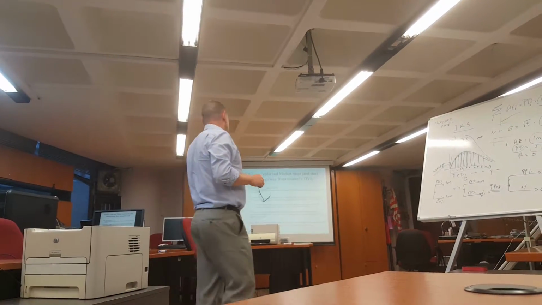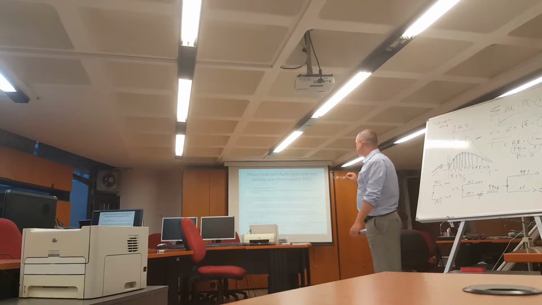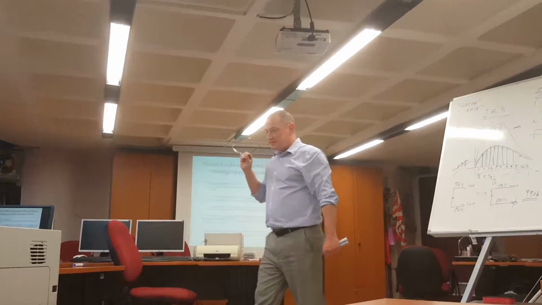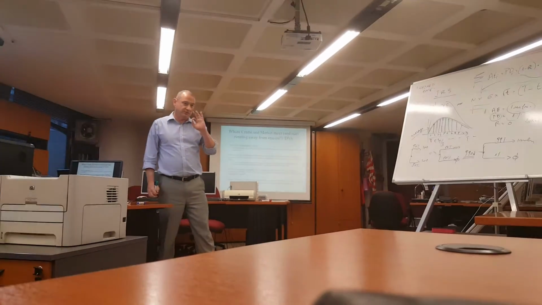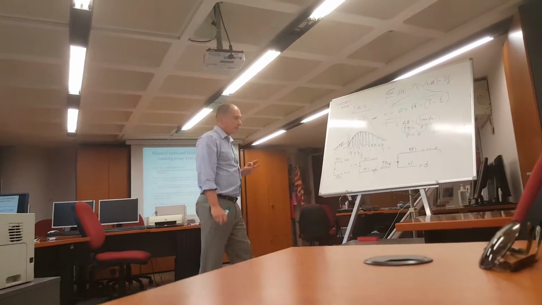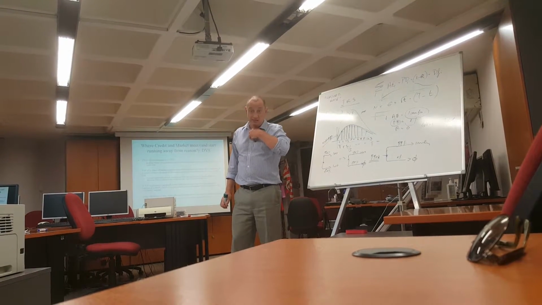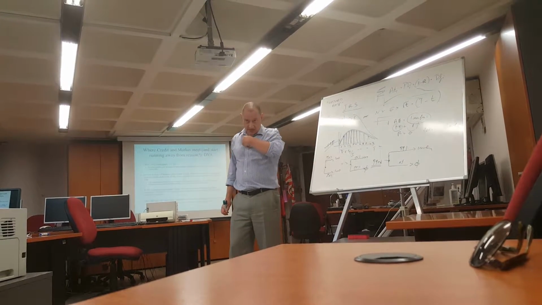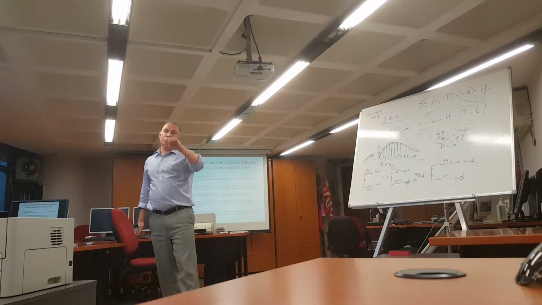Where credit and market meet and start running away from reason? Question mark. DVA. DVA are the initials for debt valuation adjustment. Debt valuation adjustment, for me, for the bank Yannis, is the CVA of the bank Iasonas.